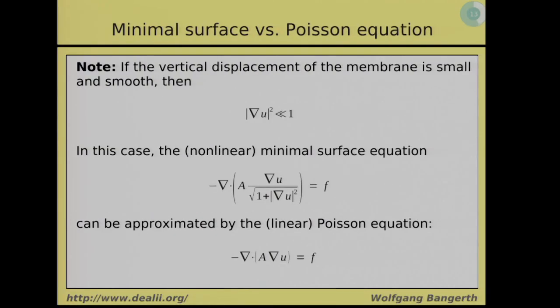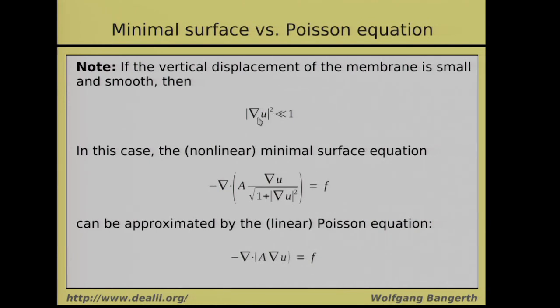Okay, so now that I've shown you the equation, let me show you what happens if we make the assumption that the membrane has a small vertical displacement and that it is smooth. If the vertical displacement is small and the displacement is smooth, then u is small and the gradient is small, so it doesn't actually matter whether I take the square or not.